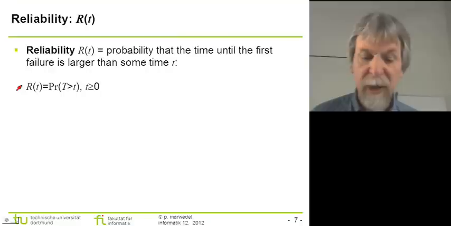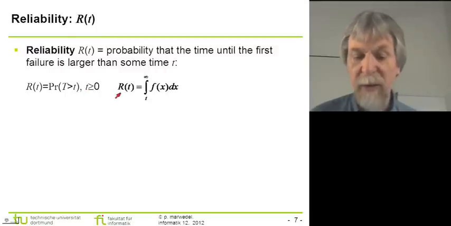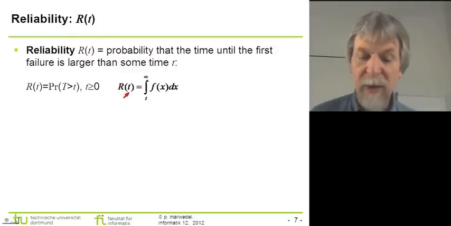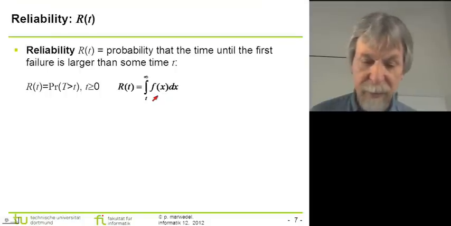That means the reliability is defined as the probability of that random variable capital T to be larger than our time t. Again, we can use integration to find that value. The reliability at time t is just the integral from that time t until infinity over that density function.